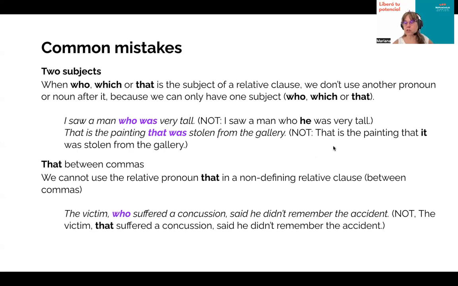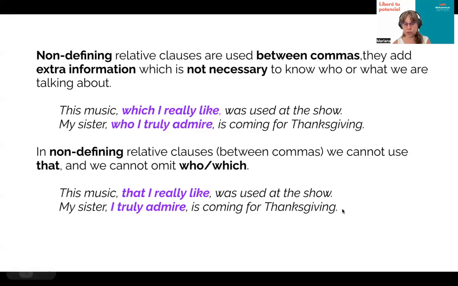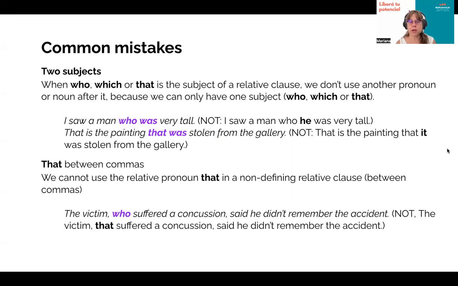Luego veamos típicos mistakes, como mencionamos antes. Voy a retroceder para que recuerden que esto es un error porque no puedo omitir ni tampoco puedo usar el that en non-defining. Veamos otros errores.